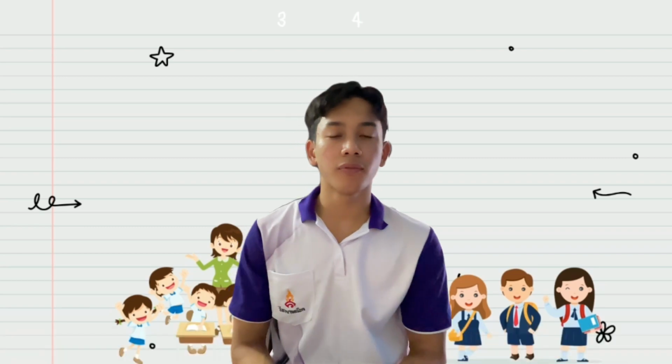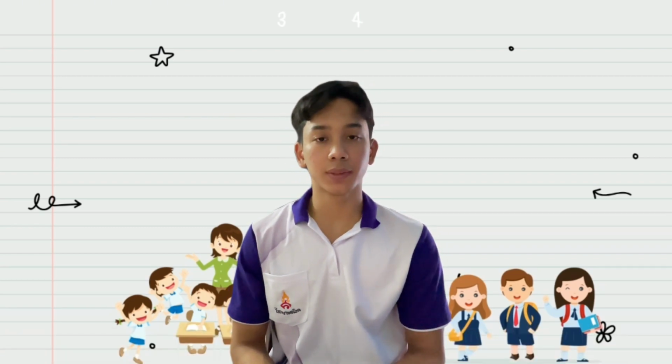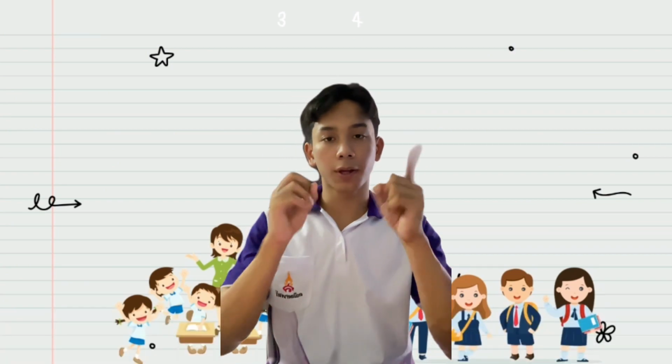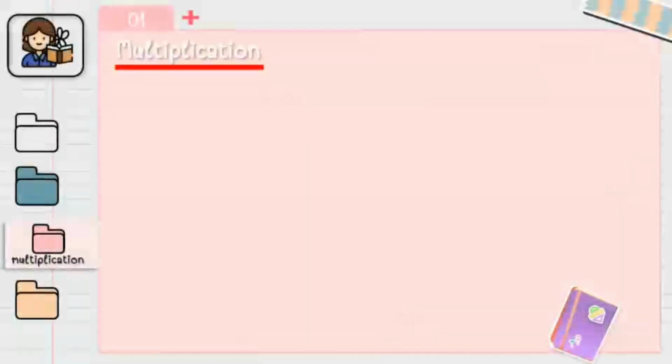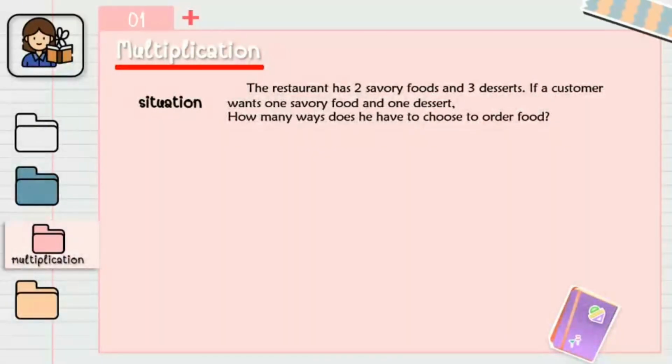Let's move on to the second part, the multiplication principle. Are you ready? Okay, let's go. Let's start with this situation. The restaurant has 2 main dishes and 3 desserts.